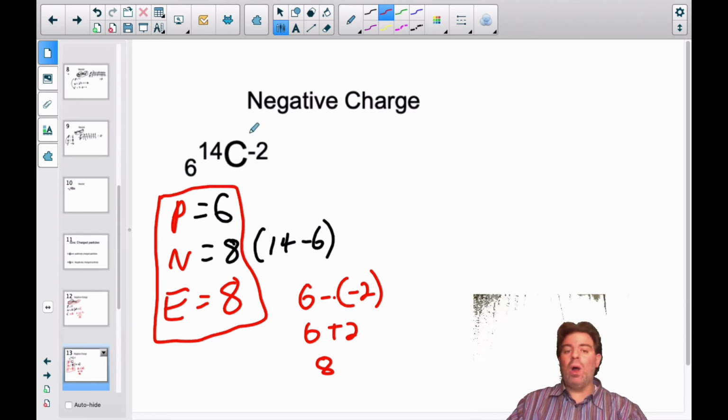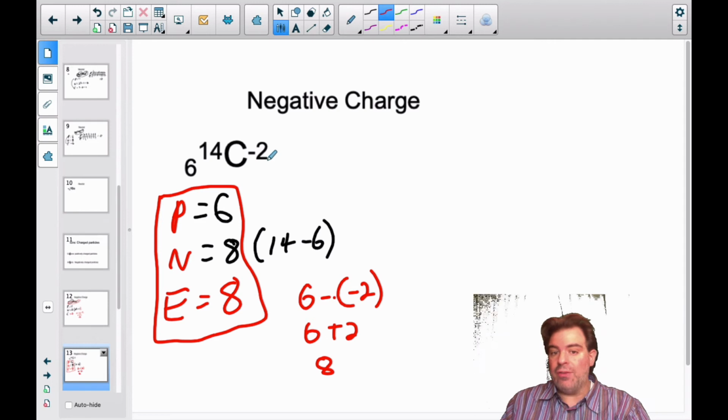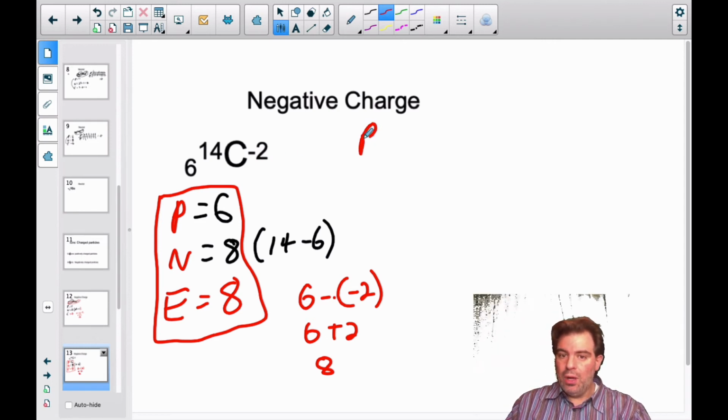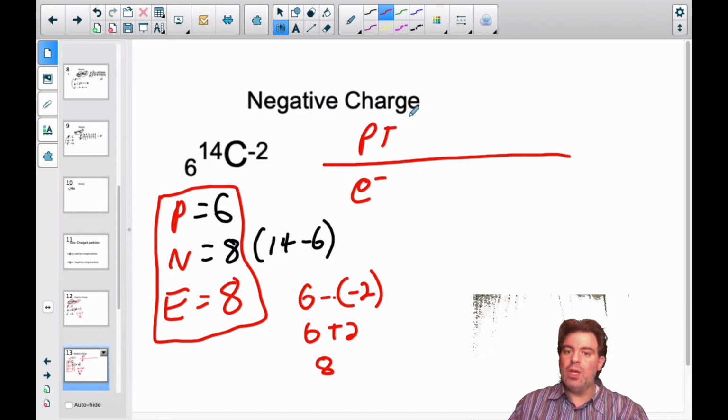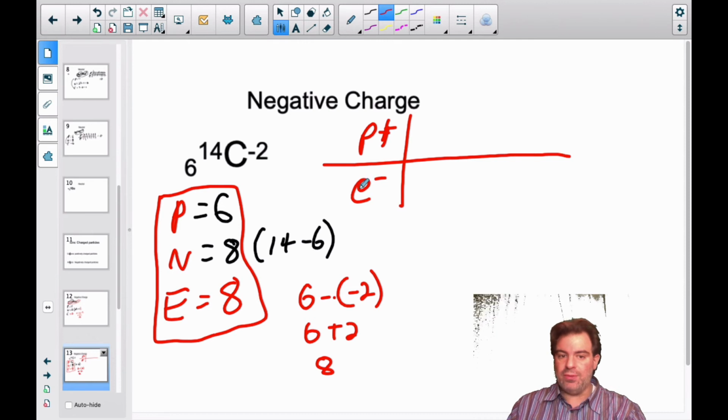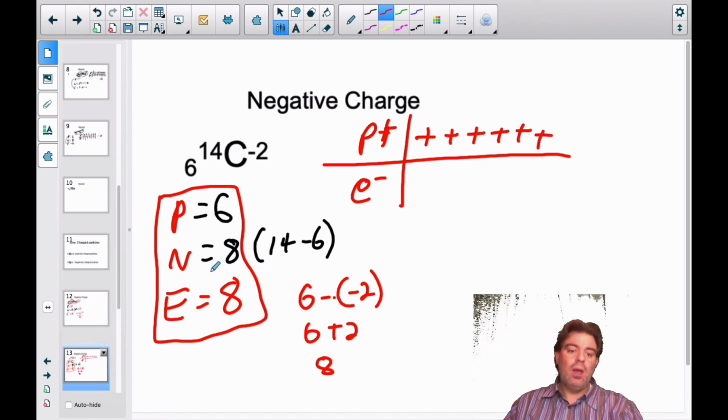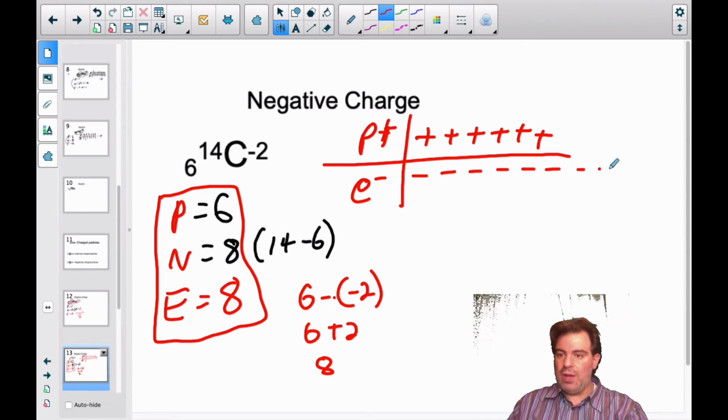Now, let's see why an anion has a negative charge. Let's do a proton to electron ratio chart, just like we did previously. Protons, of course, as we know, are positive. So how many protons do we have here, guys? We have 6 protons. So we put 6 positives. 1, 2, 3, 4, 5, 6. How many electrons do we have? 8. 1, 2, 3, 4, 5, 6, 7, 8.